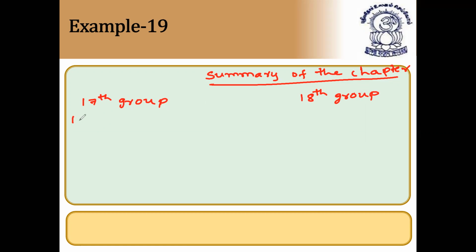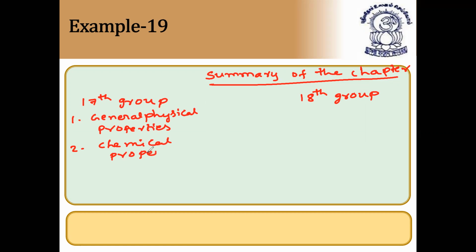So please note down. For the 17th group, first we have studied general physical properties. First topic. From this you may not expect a question. Next we have chemical properties of halogens, its hydrates, oxides, etc. So from this you may expect a question.